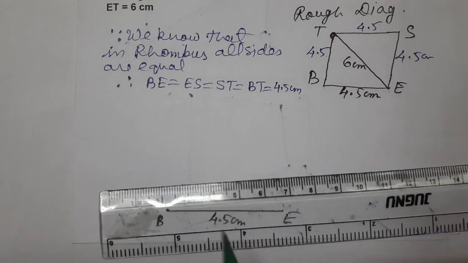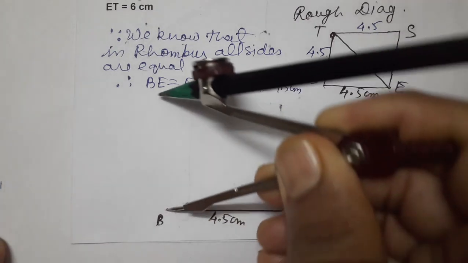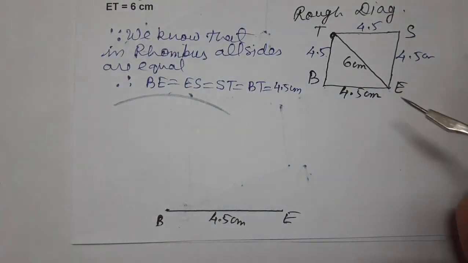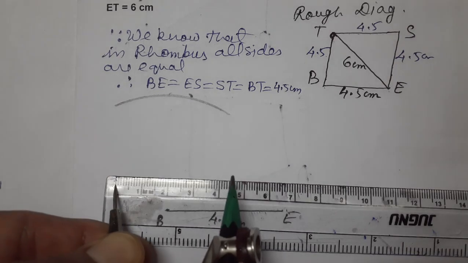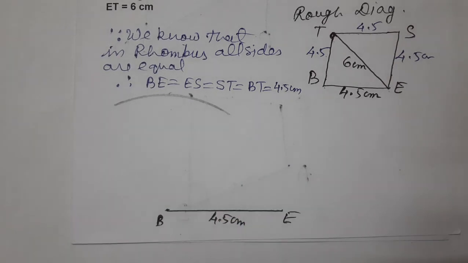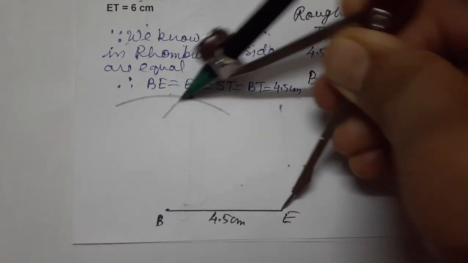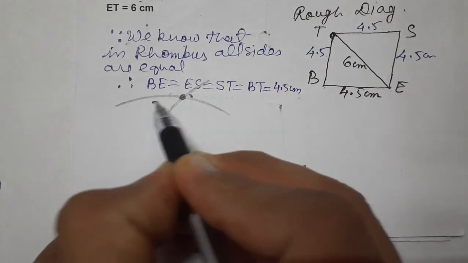Now draw an arc of radius 4.5. And E to T is 6, so take arc radius 6 centimeter. And cut the previous arc. So this point is T point. Name it T.